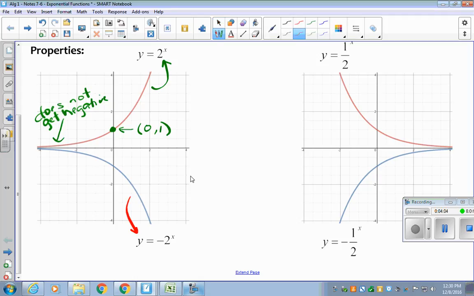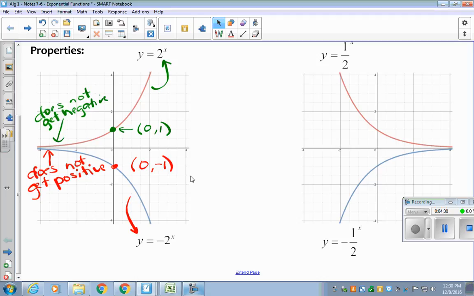So it's going to have a y-intercept of 0, -1. And it is never going to be positive. Where this one on top dips up, this one is going to dip down.